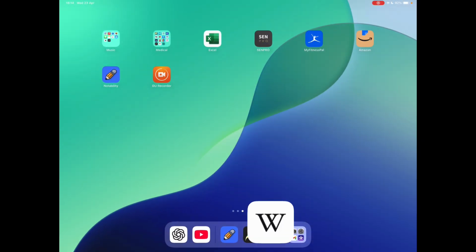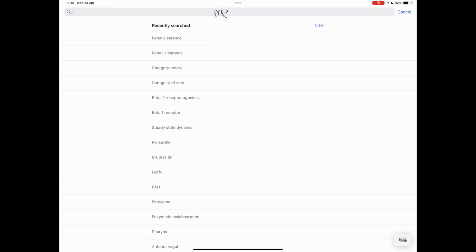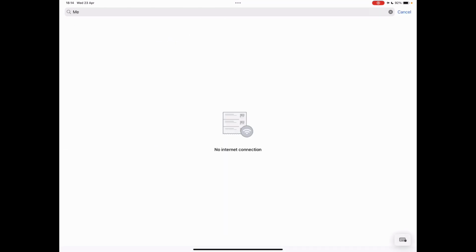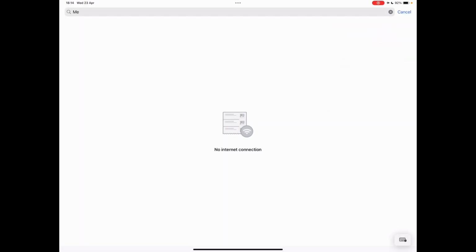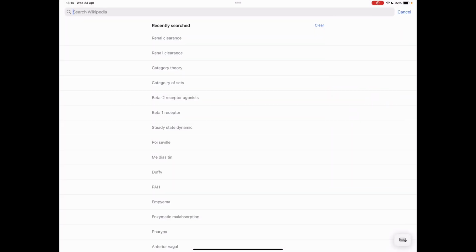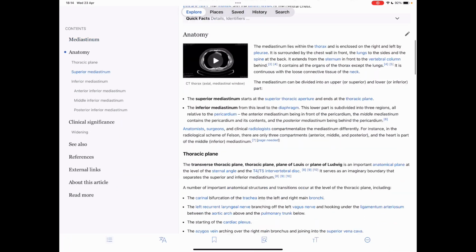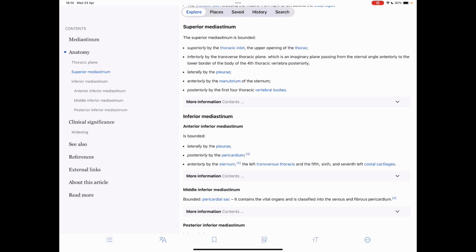Yeah, let's start focusing a bit on the boundaries of the mediastinum. The posterior mediastinum is bounded superiorly by the plane of the sternal angle, T4, T5 vertebrae, inferiorly by the diaphragm, anteriorly by the pericardium and heart, posteriorly by the T5, T12 vertebrae, and laterally by the mediastinal pleura of the lungs.